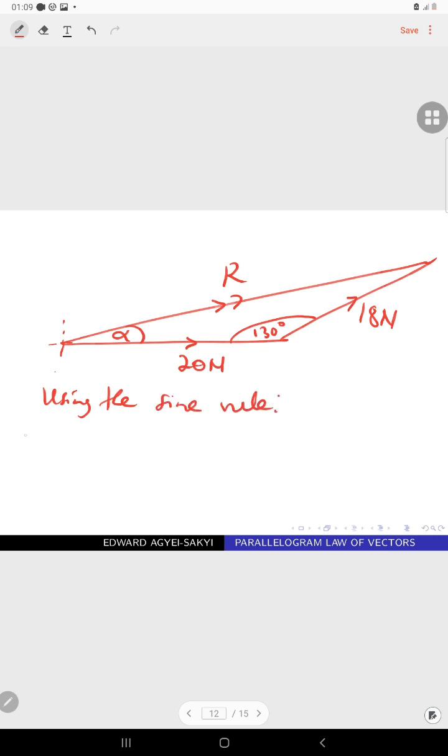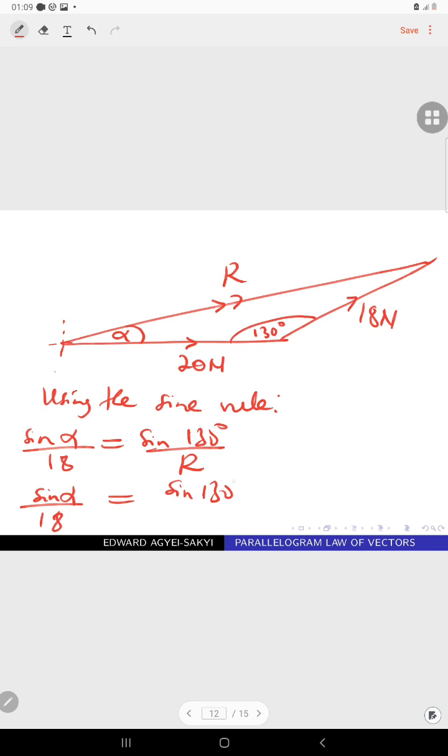We get sine alpha over 18 equals sine 130 over R. So sine alpha over 18, and we had our R to be 34.45. So we continue.